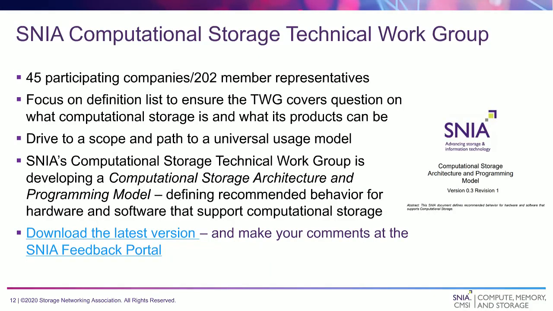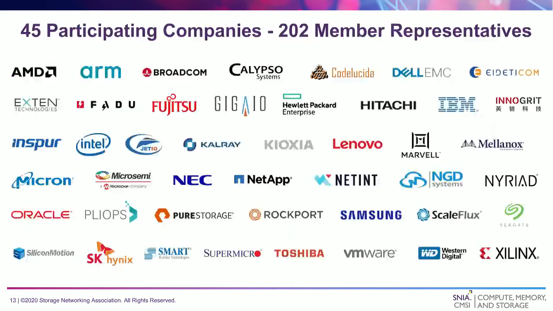So in SNIA, there's a technical work group, the TWIG, that has 45 participating companies, over 200 members. And the TWIG's initiative is to develop a computational storage architecture and programming model, defining recommended behaviors for hardware and software that support computational storage. That TWIG has been in existence for about a year and a half and is gaining a lot of traction out there.